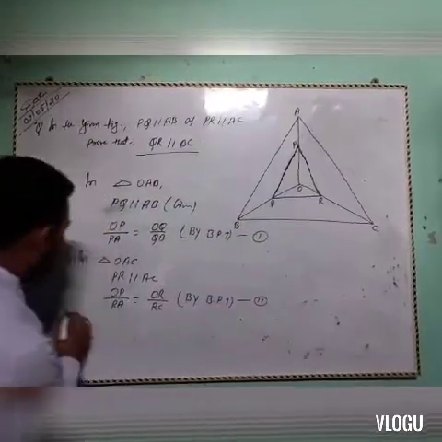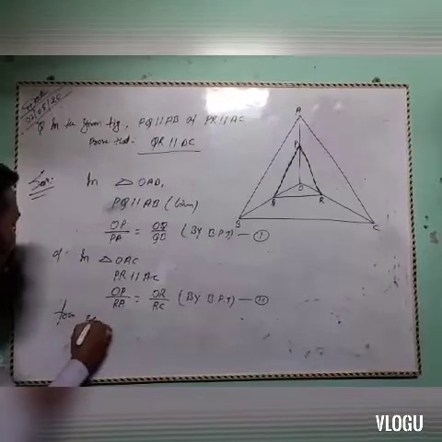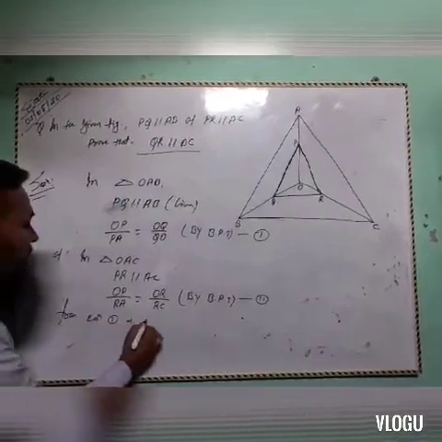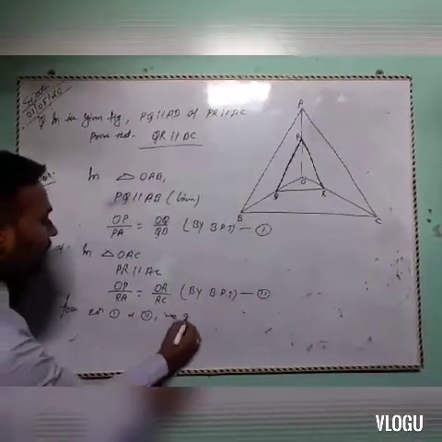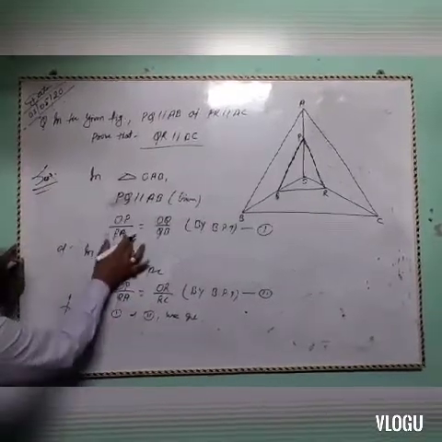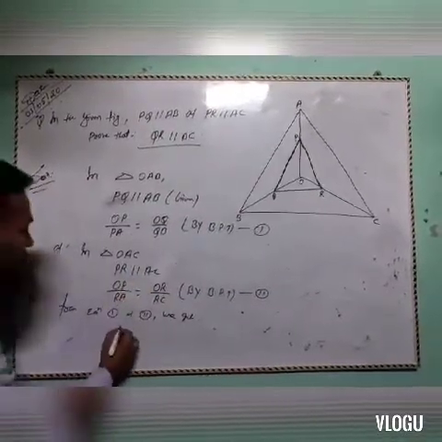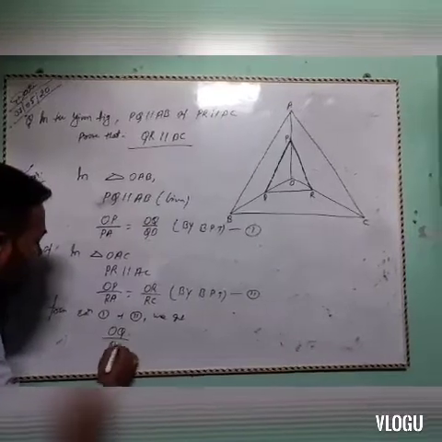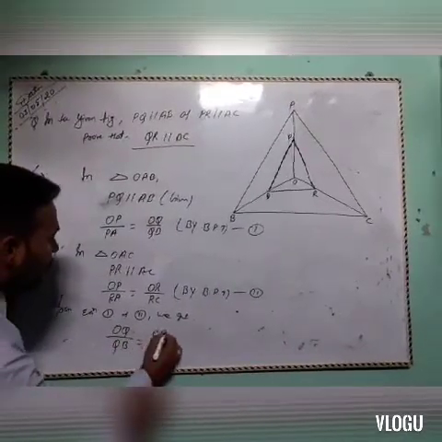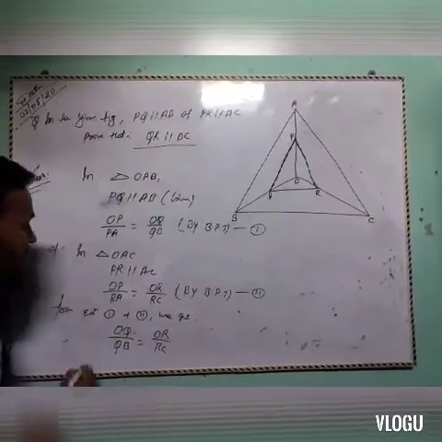Equation second. From equation first and second we get OP by PA, LHS is equal, then RHS is also equal: OQ by QB equals OR by RC.